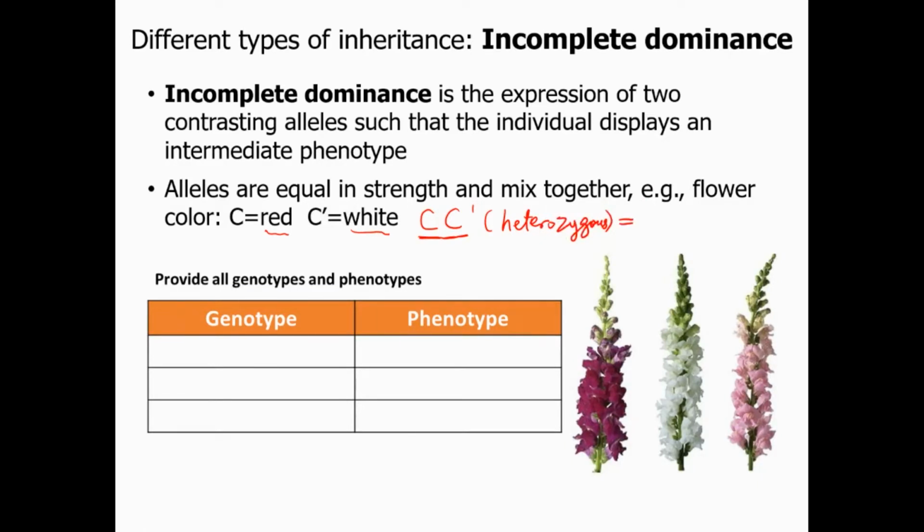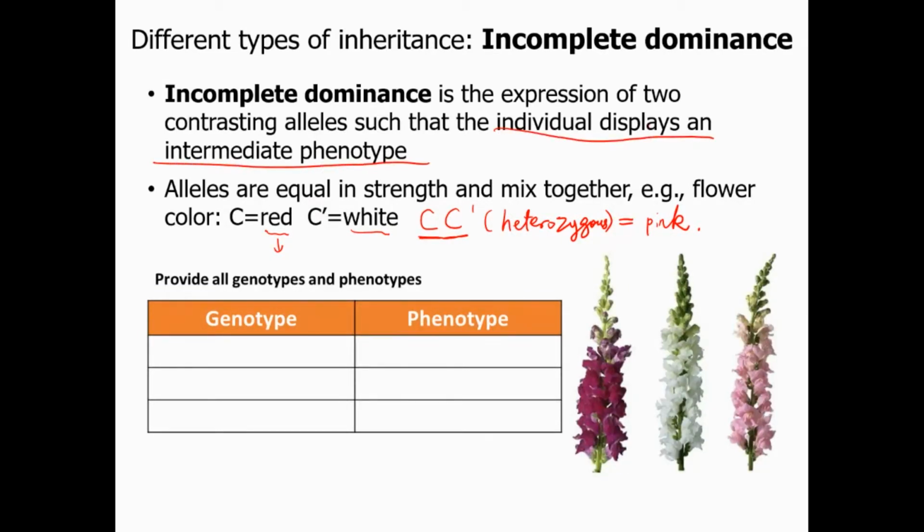So instead of a red, which is often the dominant trait in the previous examples we talked about, you will have a flower color that's intermediate in between red and white. So in this case, it's going to be pink.